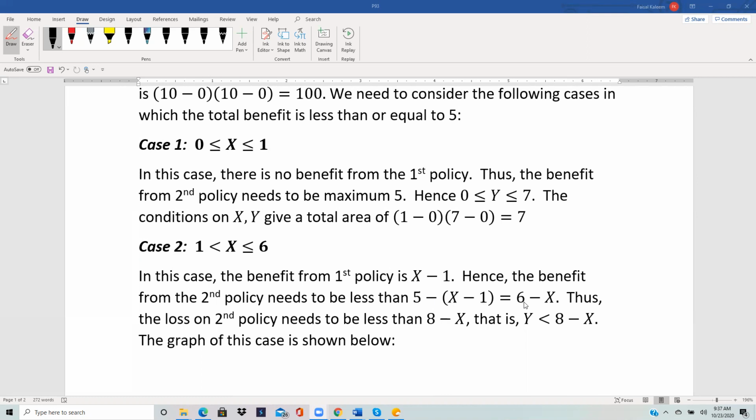So that's 6 minus X. Since the benefit is 2 less than the loss, the loss has to be less than 8 minus X. So Y has to be less than 8 minus X. Remember, loss is always bigger than the benefit by the deductible, and the deductible is 2 for the second policy. So this is the main thing: we have to look at what's happening at Y less than 8 minus X.